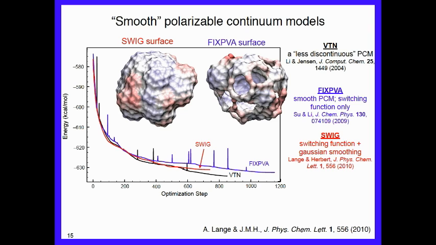The other nice thing that comes out of this is what one finds in some of these discontinuous approaches: if one actually plots the surface charge distribution, occasionally there are holes in it, whereas with the SWIG surface charge distribution, which is shown on the left, you see that it's nicely continuous across this whole cluster.